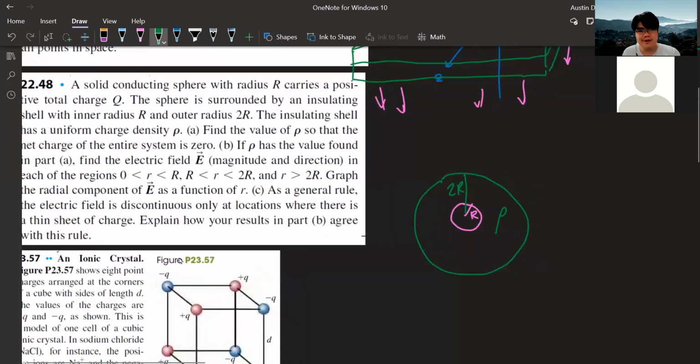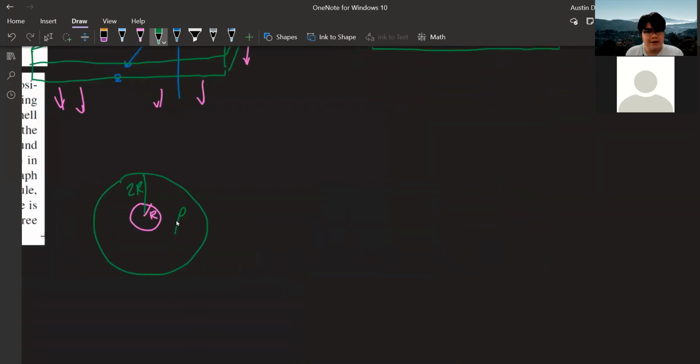Okay. So alamin muna natin kung ano yung total charge from the insulating sphere. So let me name that as Qi. And then that would be just the density times the volume. Volume for our case kasi rho siya. Again, rho. Pag sigma, kailangan mo lang A and so on.